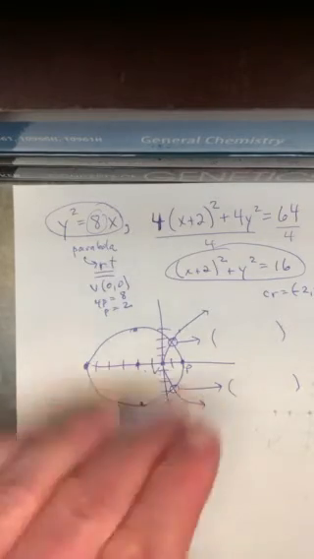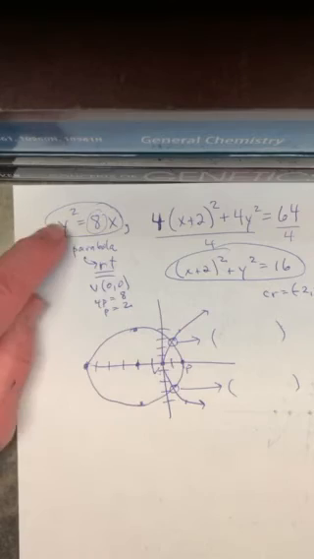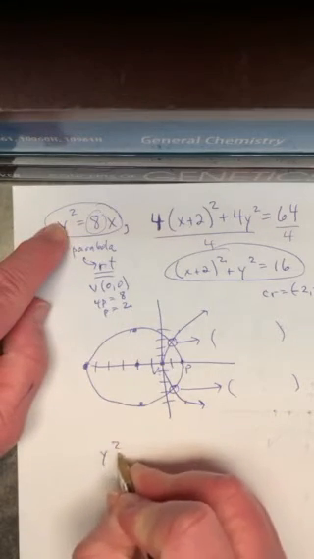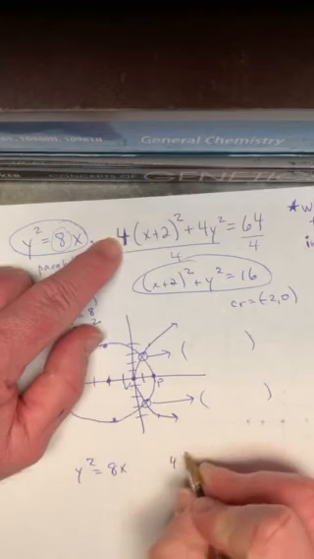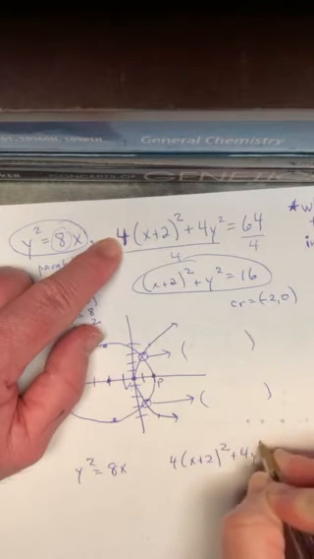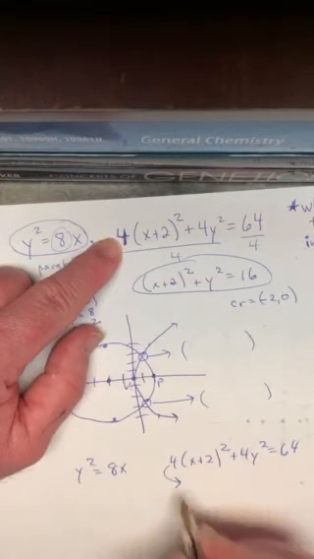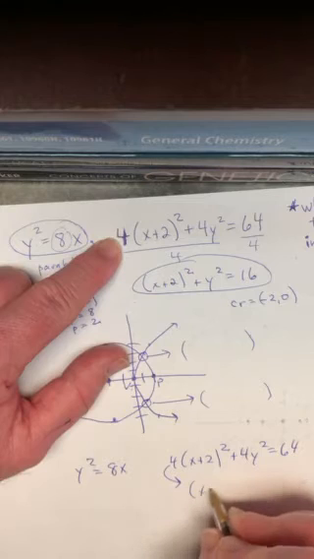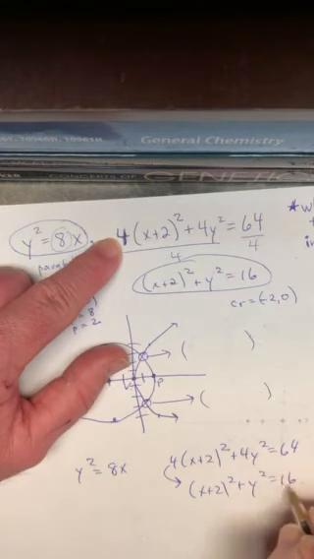Well, we can't use the elimination technique, because think about it. This said y² = 8x. This says 4(x + 2)² + 4y² = 64. Now remember, we did simplify that into (x + 2)² + y² = 16.